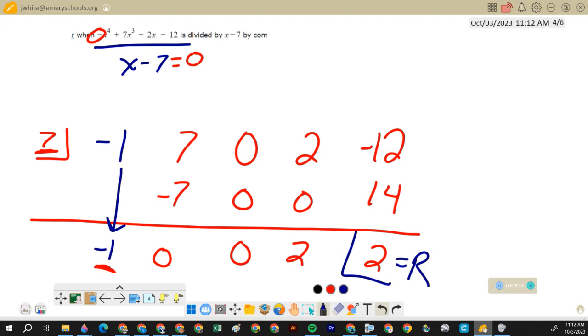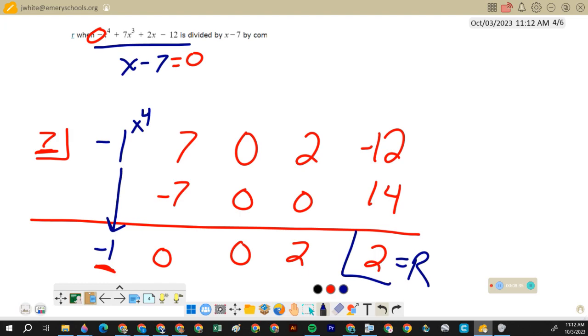So we just performed division. Very little thinking. It was done super quickly. Okay. Now the original equation was an x to the fourth equation. What happens when you divide an x to the fourth equation by an x to the first equation? You get an x to the third equation, right?